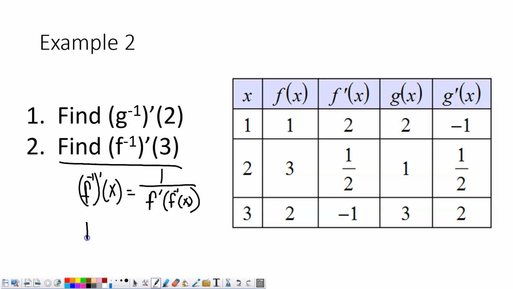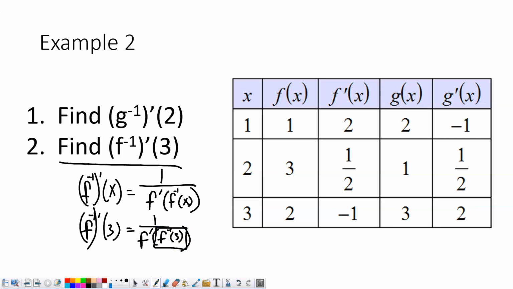Next, we need to plug in 3. F inverse of 3.